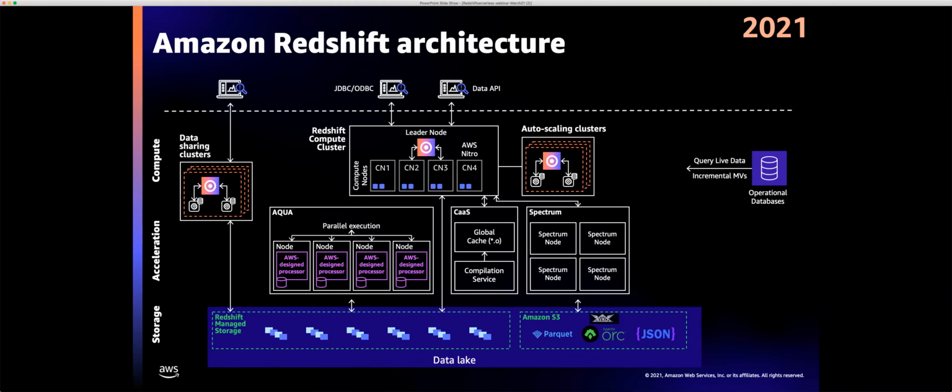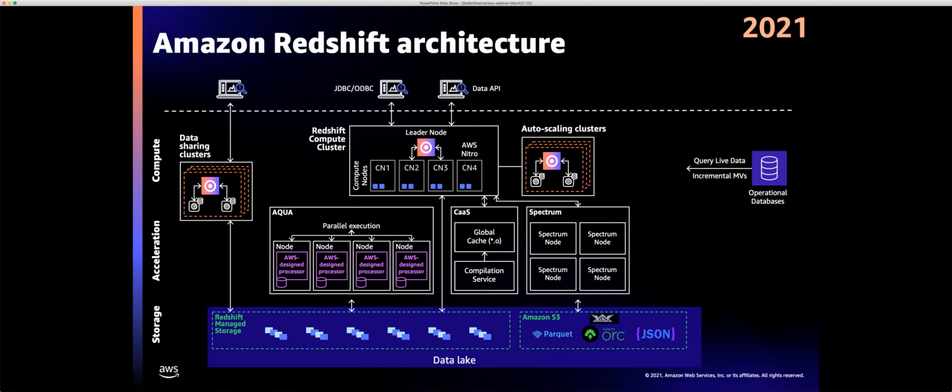Finally, last year, we introduced data sharing. The idea behind data sharing is that in large enterprises, there are different teams operating on a single source of truth, shared data. However, they all want their own compute, and this basically goes back to chargeability.